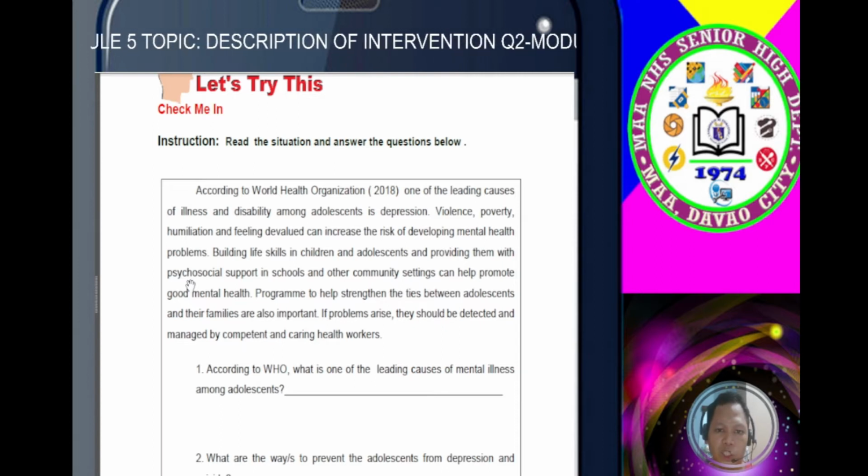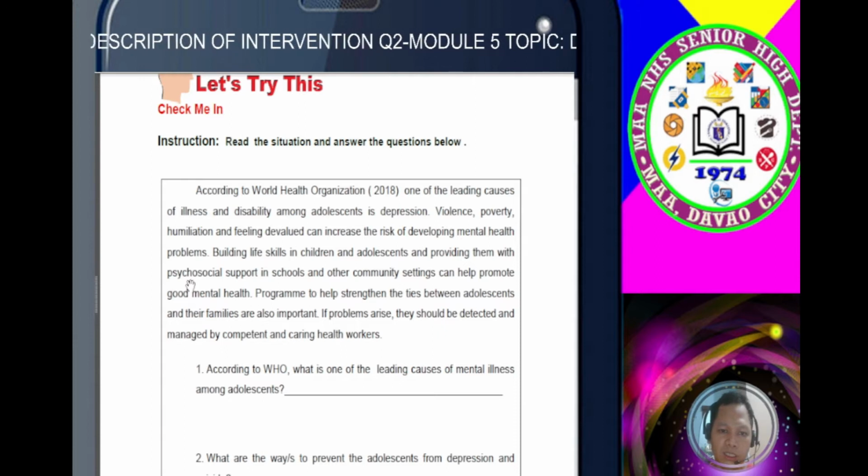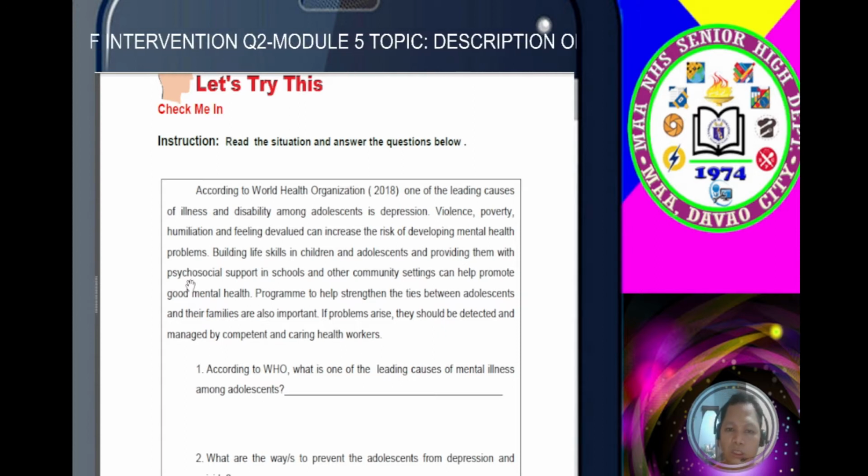Building life skills in children and adolescents and providing them with psychosocial support in schools and other community settings can help promote good mental health. Programs to help strengthen the ties between adolescents and their families are also important. If a problem arises, it should be detected and managed by competent and caring health workers.